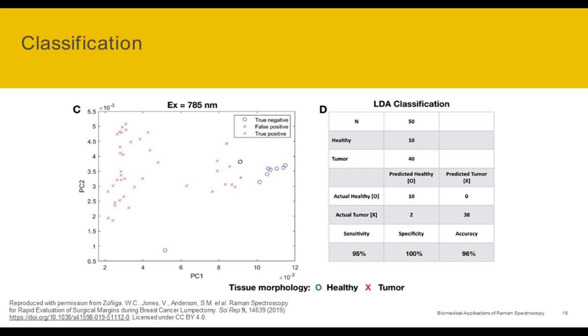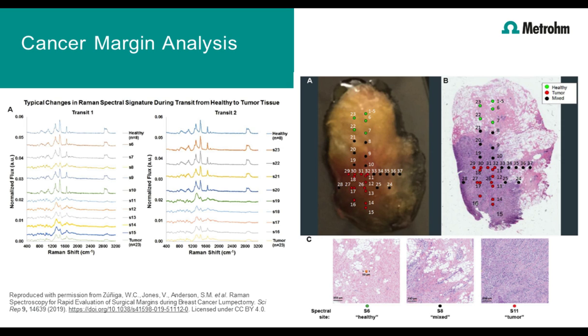So out of this classification model, they were able to get really accurate and sensitive results. So they proved that they can distinguish the cancer tissue from normal tissue.